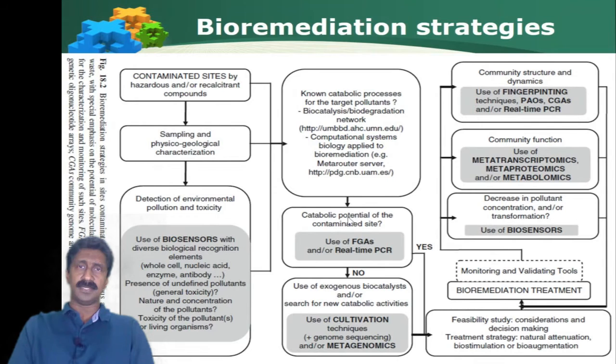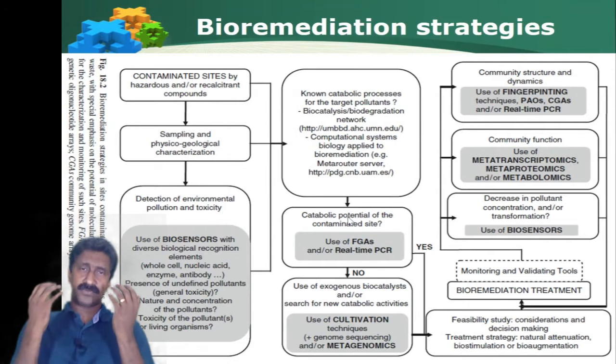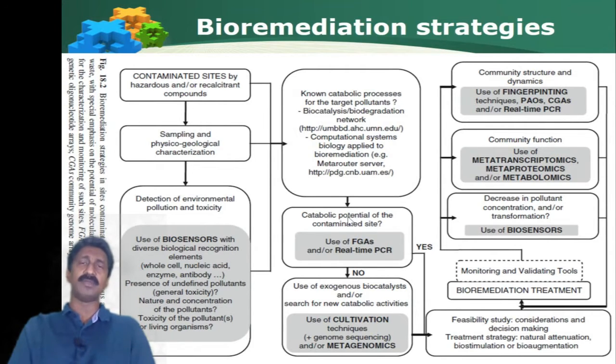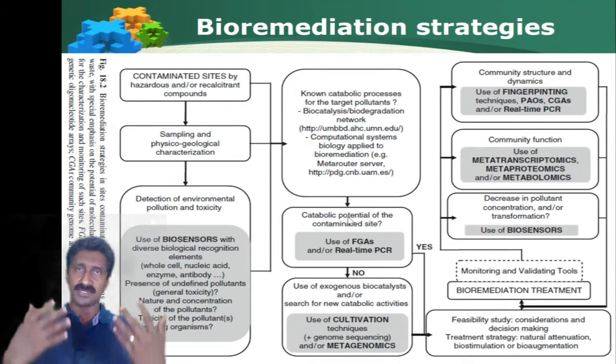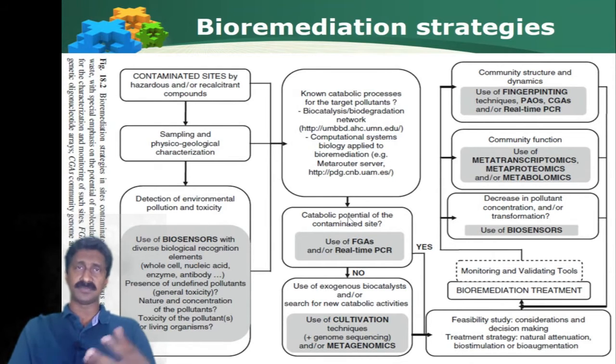For the catabolic potential of the contaminated site, every soil, for example a contaminated soil, may have its own normal population, which may have its own biological activities or biodegradative pathways prevalent in it.